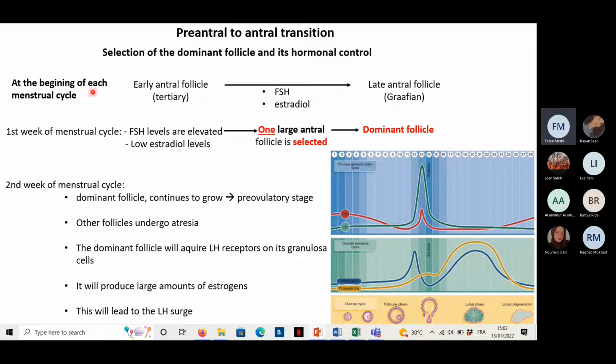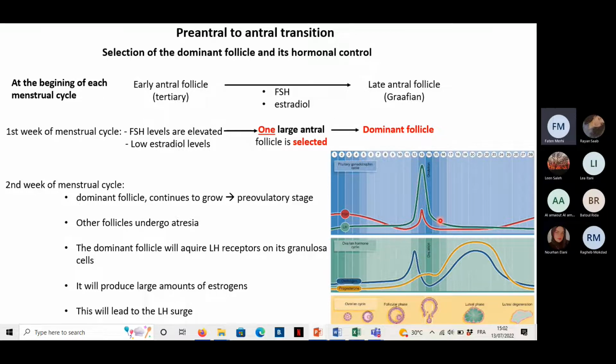So at the beginning of each menstrual cycle, we have early antral follicles, which are tertiary follicles that will develop to give late antral follicles. In fact, all of those steps of follicular development occur in this first part of the menstrual cycle, in the follicular phase before the ovulation.